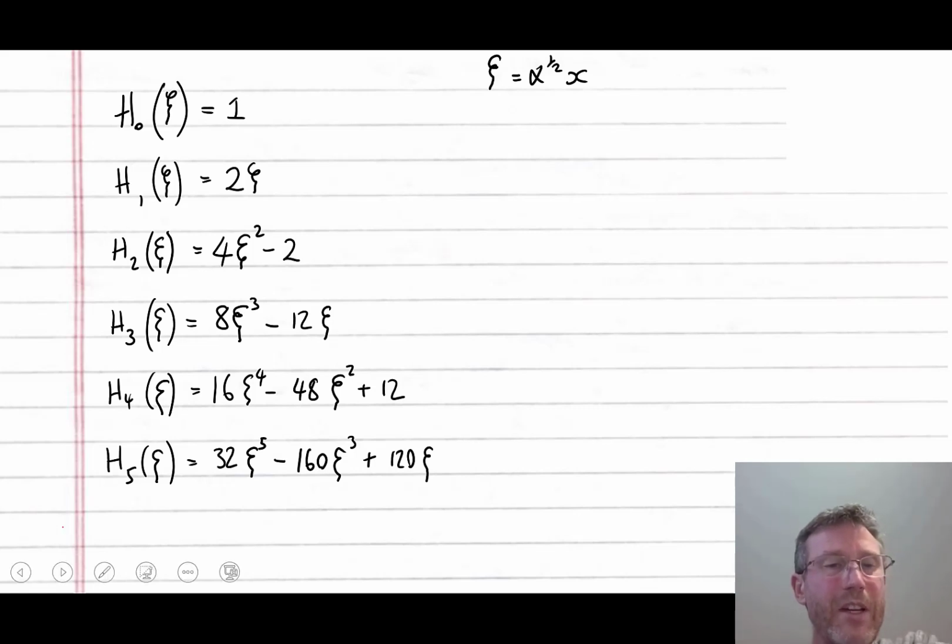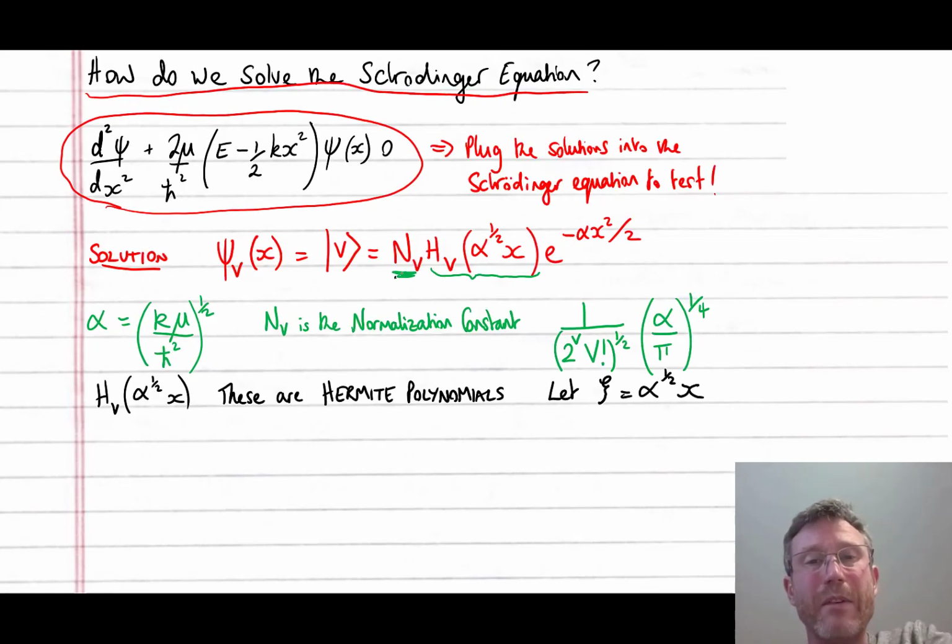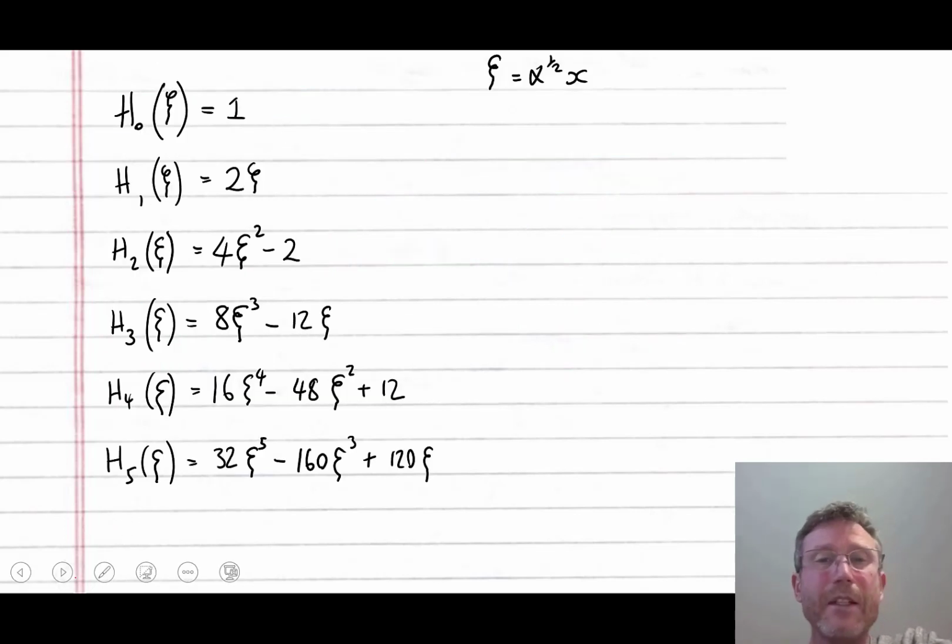Putting this all together, we can perhaps write down what the solution is. If we come back a page in here, we recognize, yes, we've got this normalization constant. We've now got our Hermite polynomial, and we're going to find that this last portion of the solution, this exponent, is always the same. Let's plug them together and make a note of psi 0 of x.